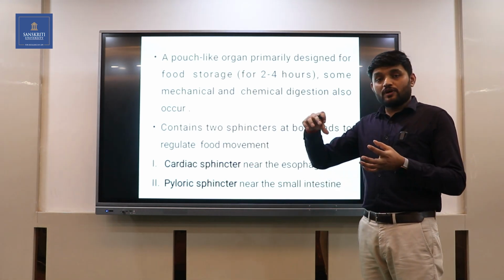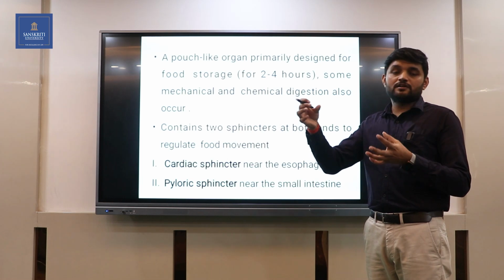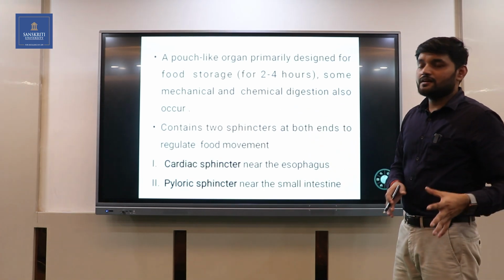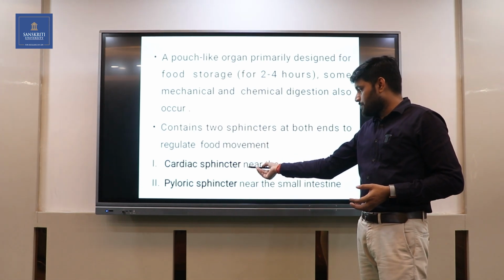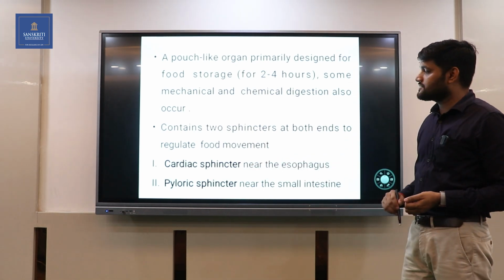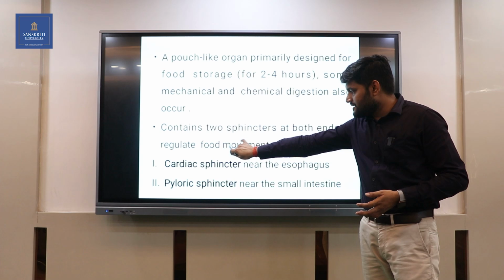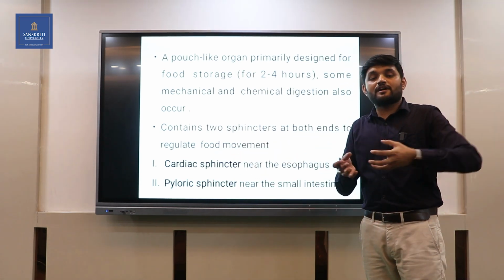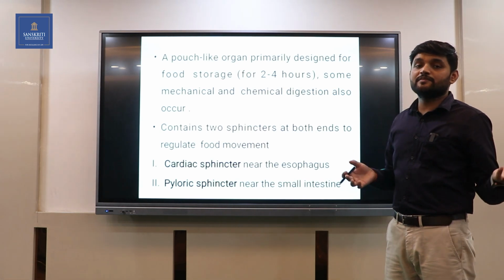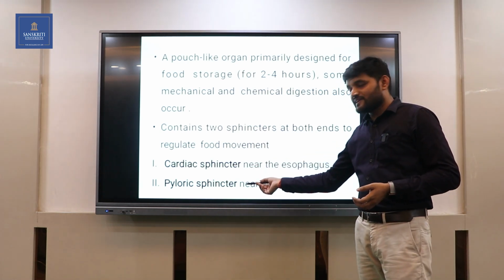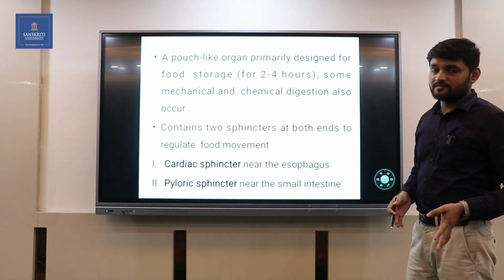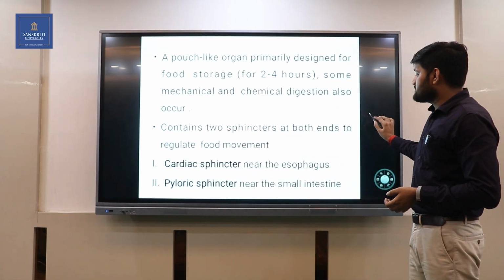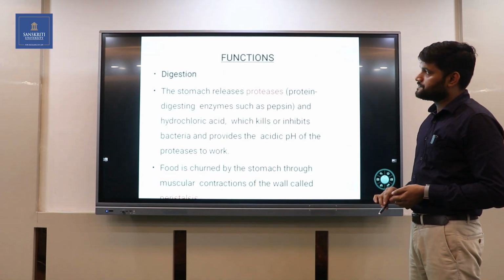The upper side of the stomach has one sphincter, and the lower side also has a sphincter. The upper side nearest the esophagus is known as the cardiac sphincter, because it is nearby the heart. Heart means cardiac. The pyloric sphincter is present nearby the pylorus, near the small intestine.